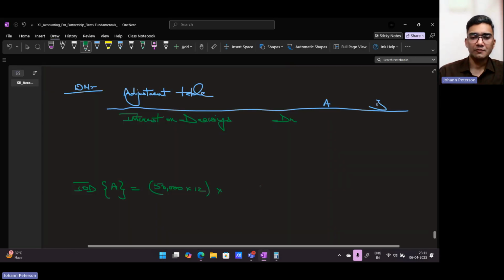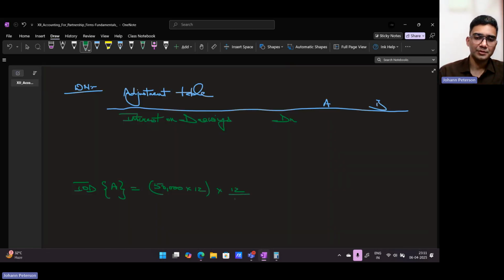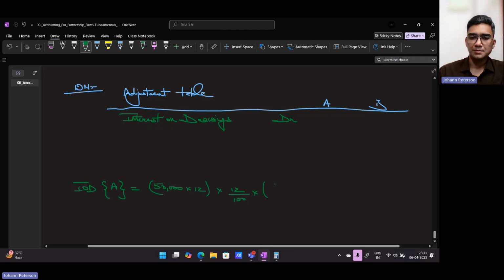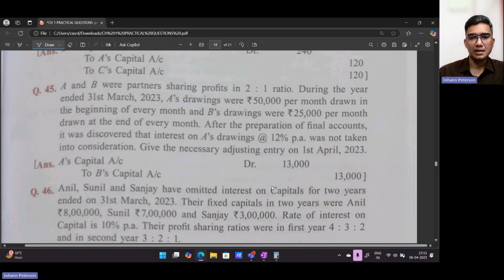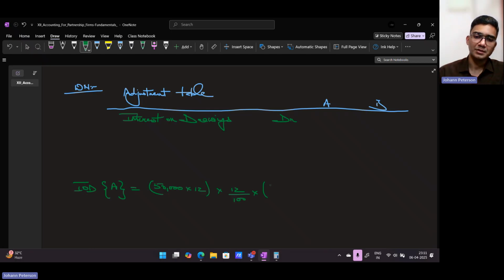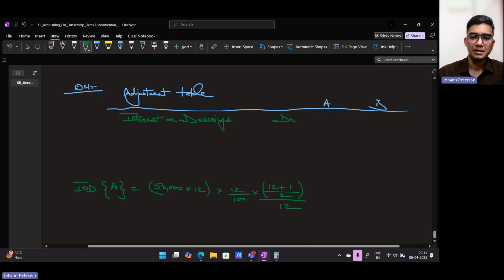Rate is given as 12% per annum. So 12 upon 100 into the average period. Average period is calculated by assuming it is done at the beginning of every month. So time left after the first drawings is 12 months plus time left after the last drawings is 1 month divided by 2. This whole thing divided by 12.